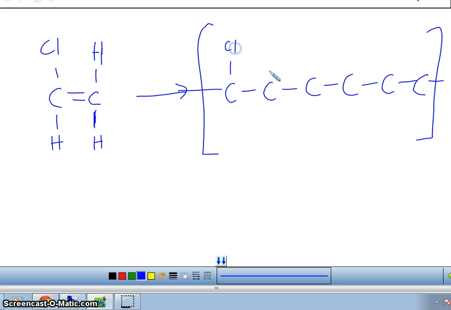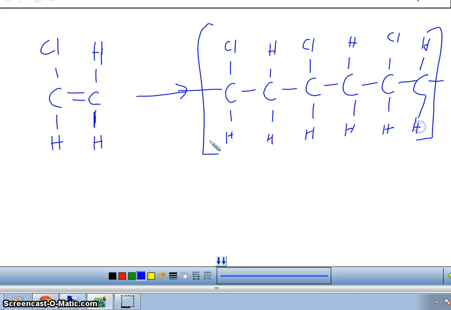So have Cl, H, Cl, H, Cl, H, H, H. I need the H stamp again, don't I? Alright, so this here you can see that this is the repeating unit. Yeah, so that would be your monomer.